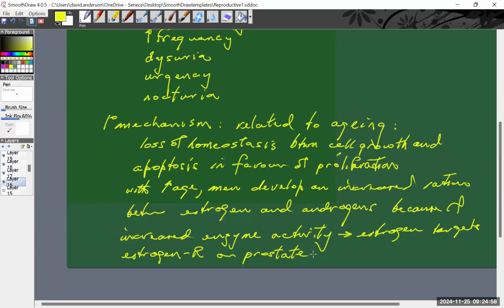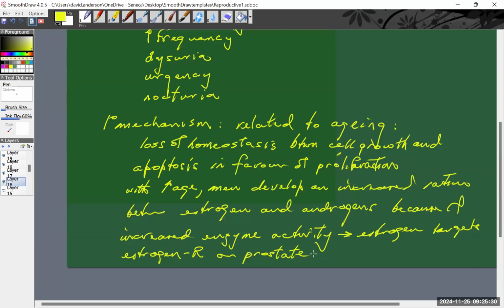Some of the evidence that supports that this is the primary pathophysiology that's going on is that men who have had their testicles removed at a young age, for example, because of testicular cancer, or possibly for an undescended testes that has resulted in testicular damage that's irreversible, they don't get BPH.